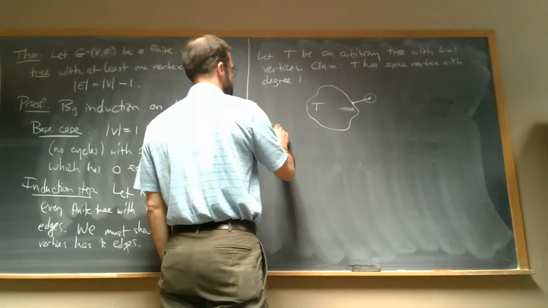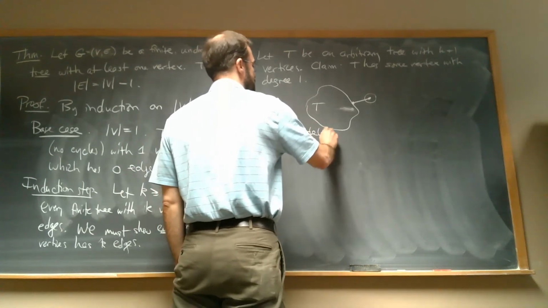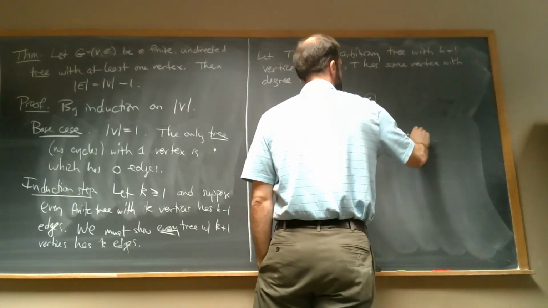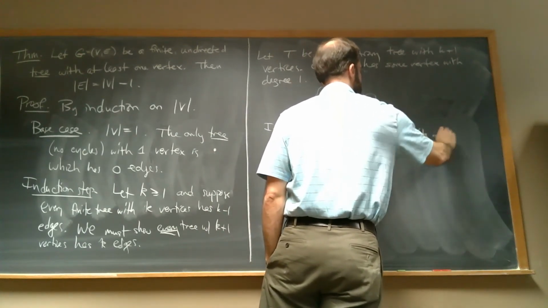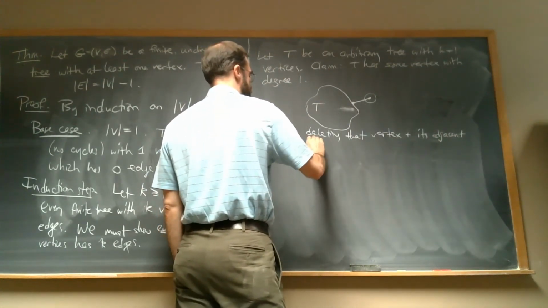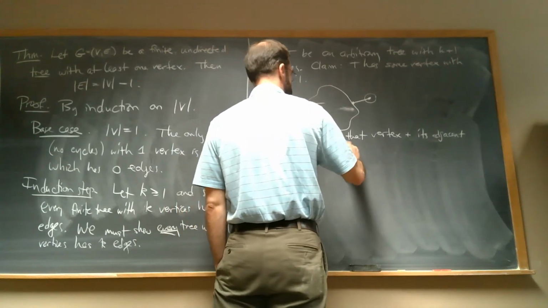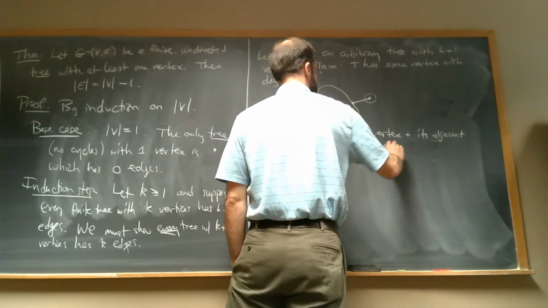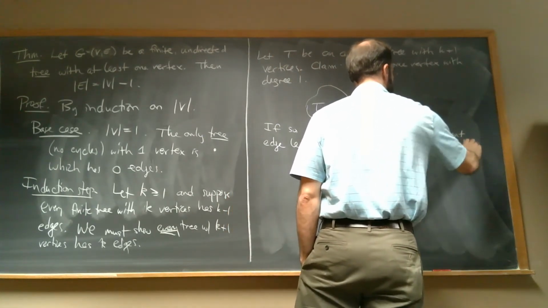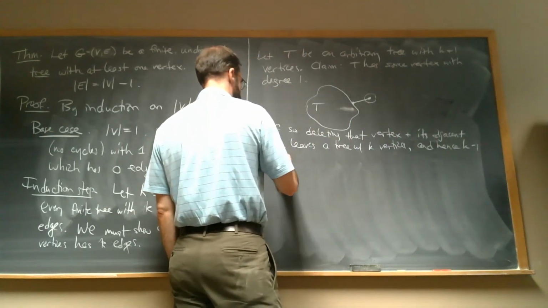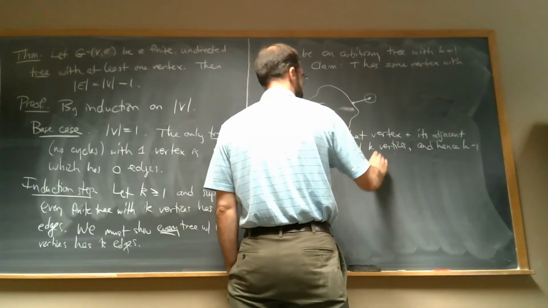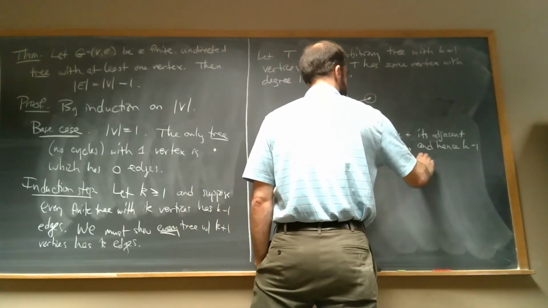So I'll just say, deleting that vertex plus its adjacent edge leaves a tree with k vertices and hence k minus 1 edges by the induction hypothesis. So T has k edges.